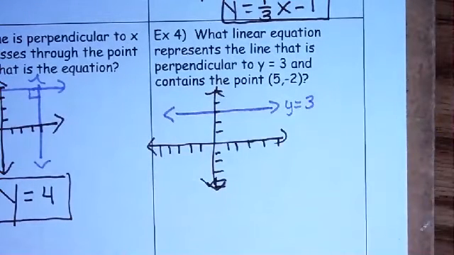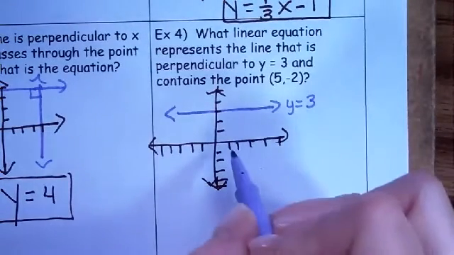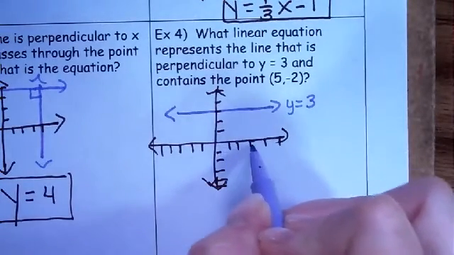Now, I need to find a line that is perpendicular to that, but will go through the point 5, -2. So I find the point 5, -2, right here.